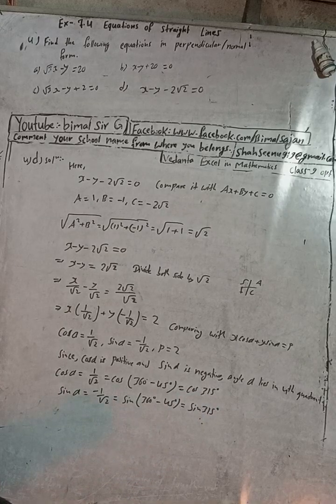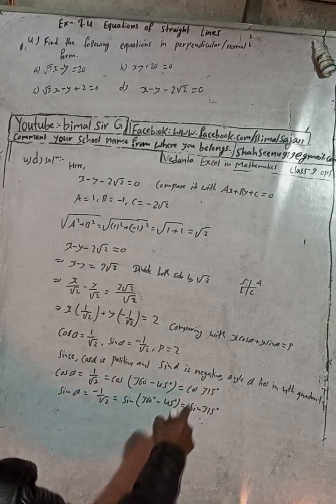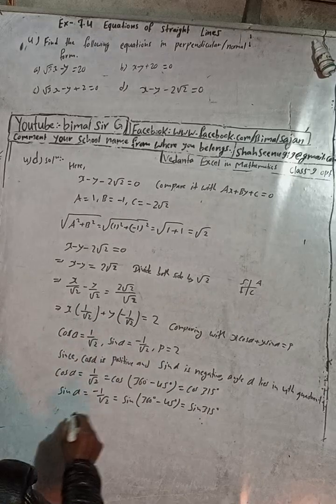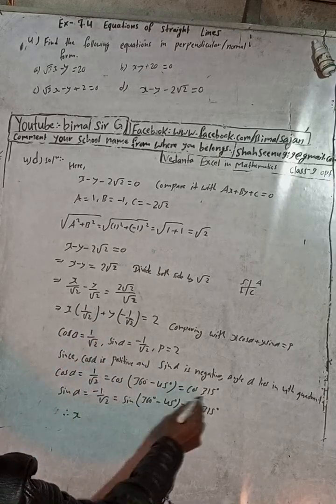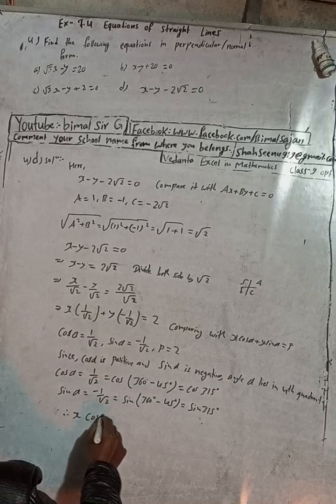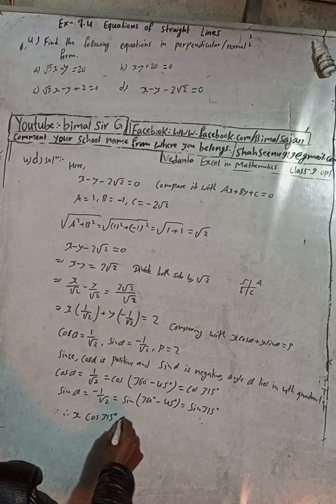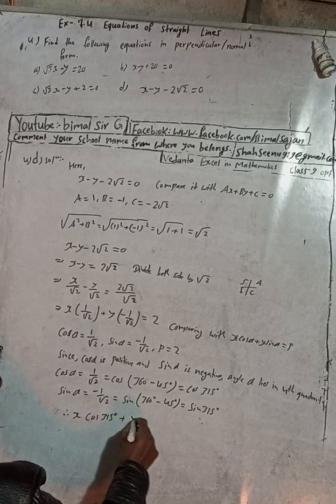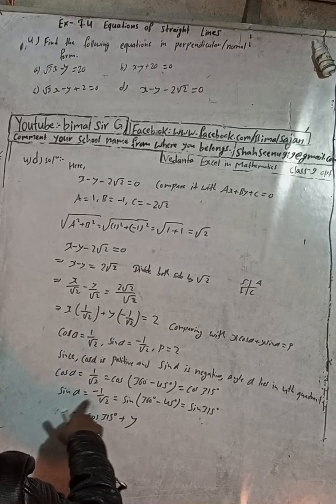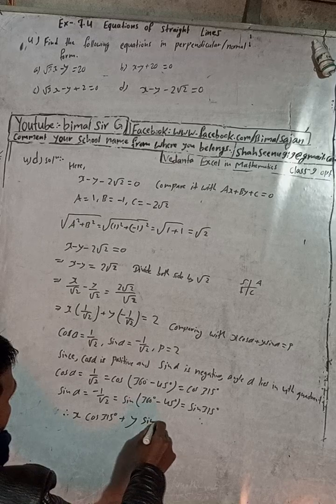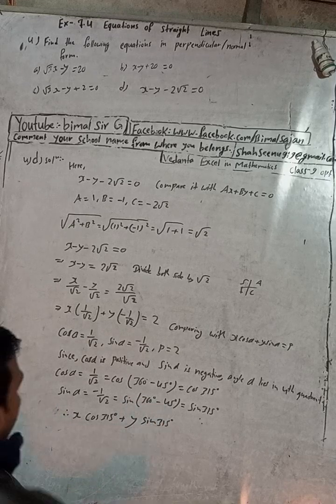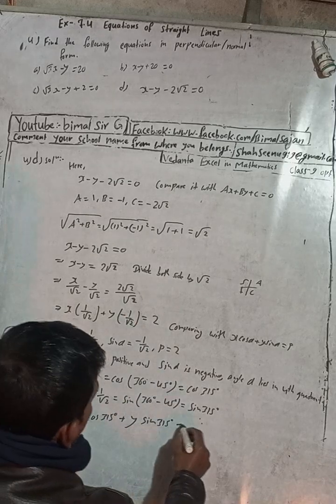Now we got cos alpha and sin alpha. Now put back in this equation: x into cos 315 degree plus y into sin 315 degree, and is equal to 2 as it is.